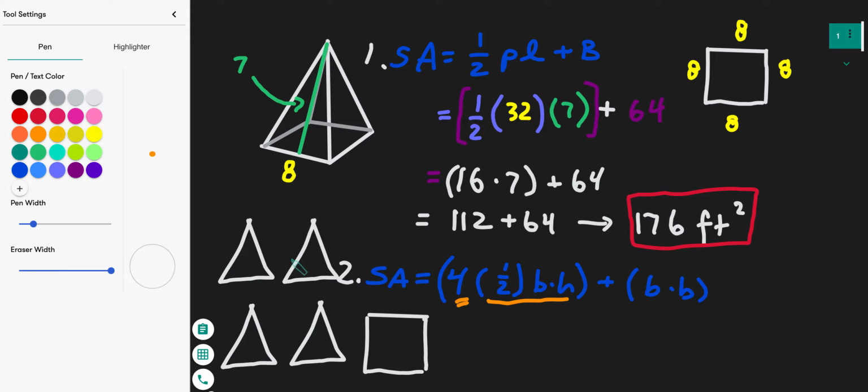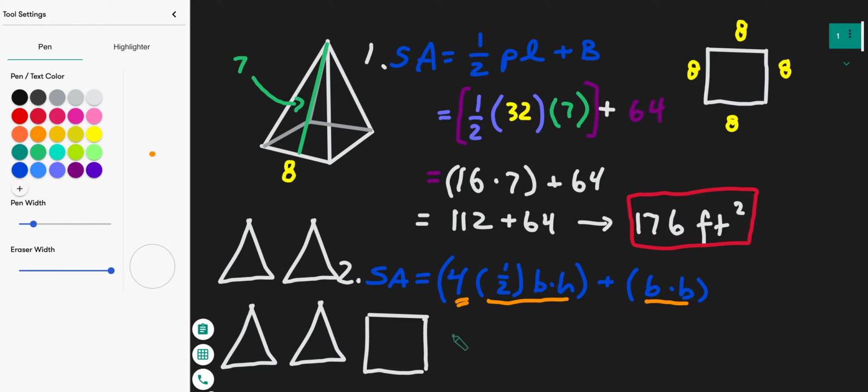You could do all of these one by one and add them up, or you can just find the area for one of them and multiply it by 4, and then you'll get the total area for all of these triangles. And then this next step, b times b, is to find the area of the square here, which again is this guy from earlier, right?